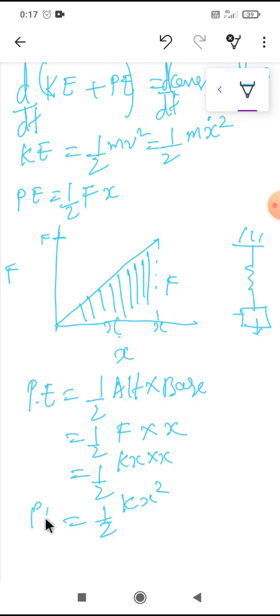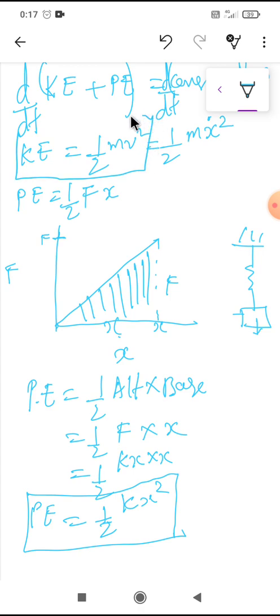So potential energy is 1 by 2 kx square, and the kinetic energy we have got is 1 by 2 mv square, or 1 by 2 m x dot square.